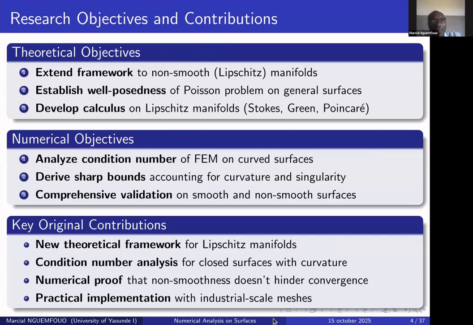We have some theoretical objective. We are going to extend the framework from curved, smooth to non-smooth manifold and establish the well-posedness of the Poisson problem on general surfaces, develop some calculus on Lipschitz manifold, like Stokes, Green, and Poincaré theorem, and some numerical result here, like condition number of finite element method on curved surface.